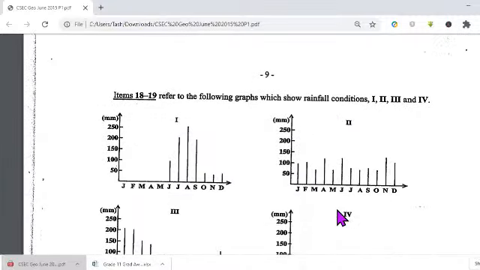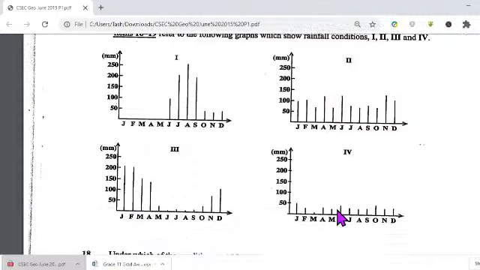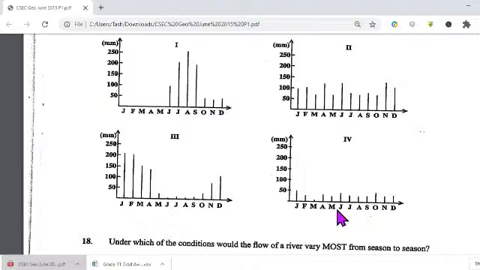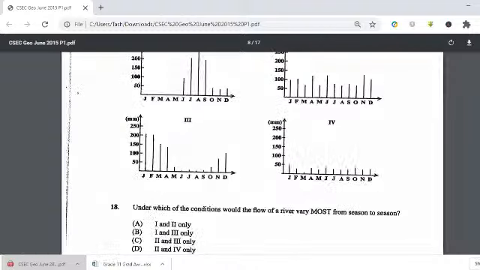18 and 19 refer to the following graphs which show rainfall conditions 1, 2, 3, and 4. Under which of the conditions would the flow of a river vary most from season to season? Let me try to zoom out so you can look at them all at once, as well as the question.